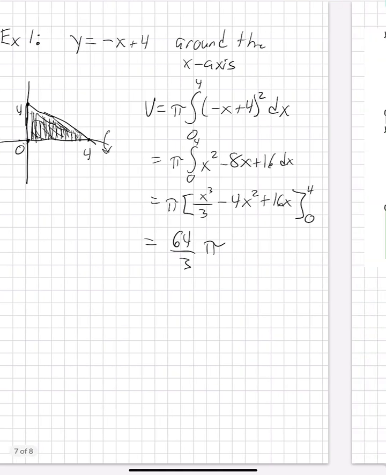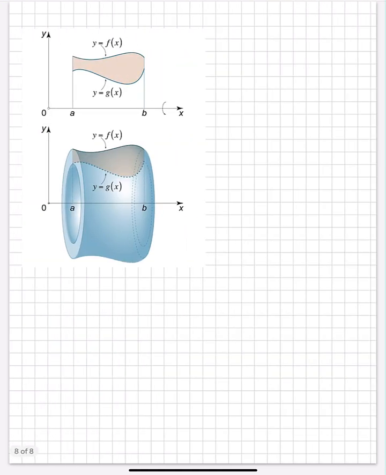What we want to talk about now, though, is if we want to find maybe the volume generated by a section that's rotated that's not connected.